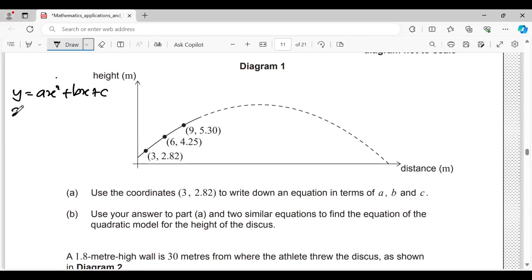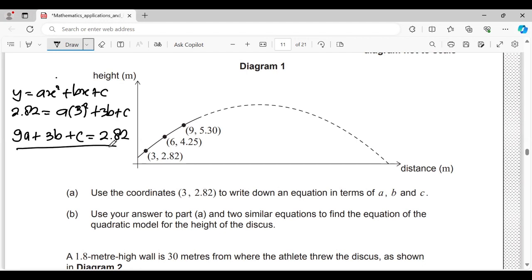So 2.82 equals a times 3 squared plus 3b plus c. It becomes 9a plus 3b plus c equals 2.82. This is the equation in terms of a, b, and c.